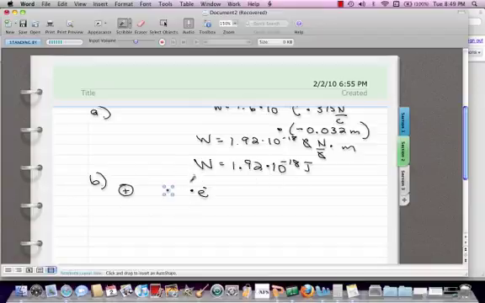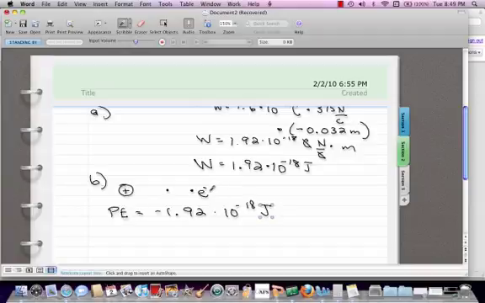Because potential energy and work are both units of energy, the change in my potential energy, PE, is going to be a negative 1.92 times 10 to the minus 18 joules. What you want to think about is that the farther away this electron is from the positive charge, the more potential energy it has.